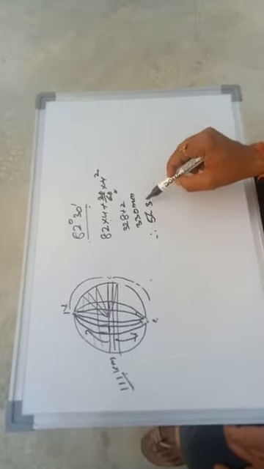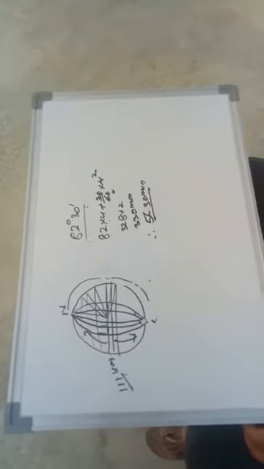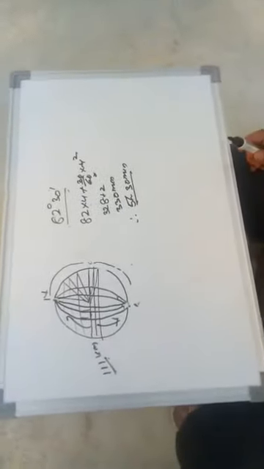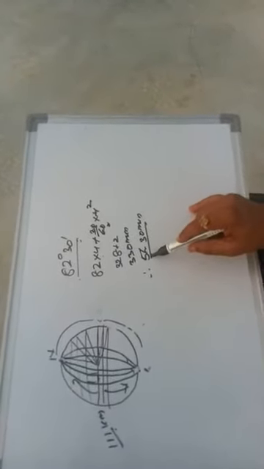It means 5 hours and 30 minutes we are ahead of the time meridian, the Greenwich time meridian.